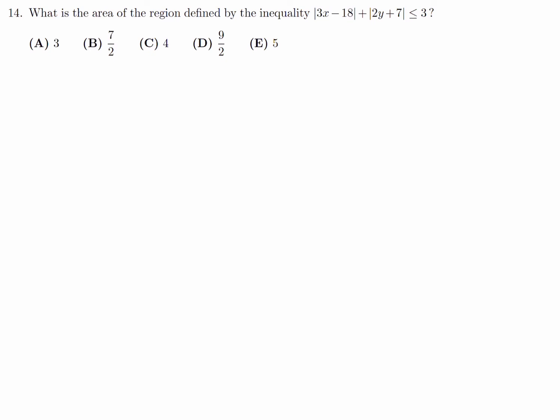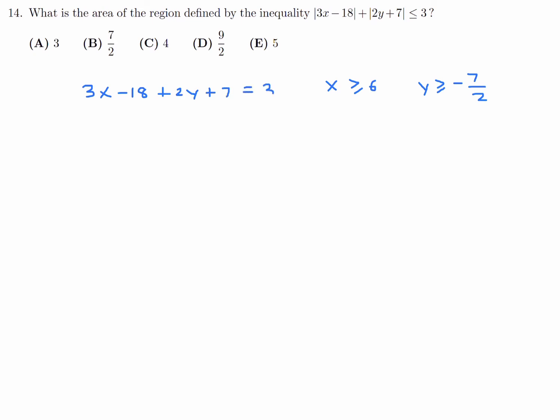So here we go. This is really 4 separate lines, and as follows. The first scenario is when x is greater than or equal to 6 and y is greater than or equal to minus 7 over 2. When that is the case, we have to write this in the following form. We just drop the absolute values and it just becomes this.